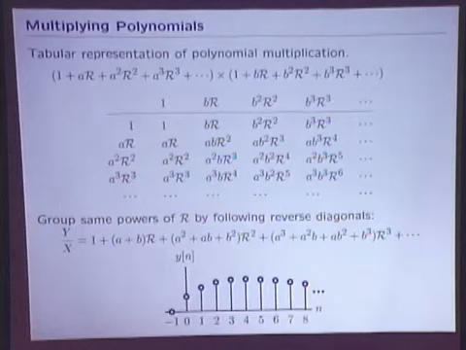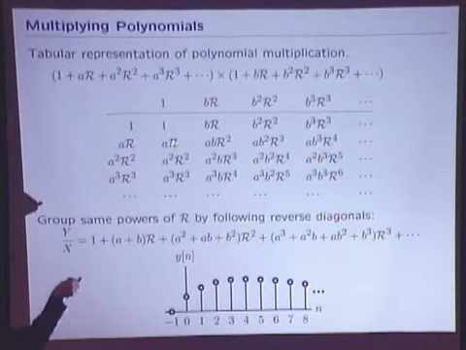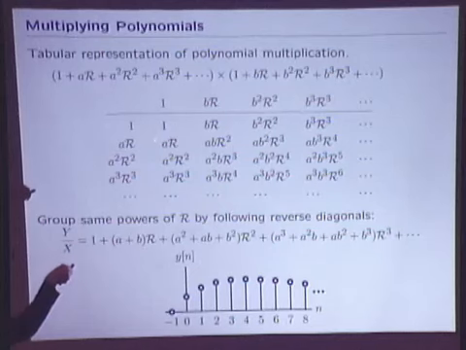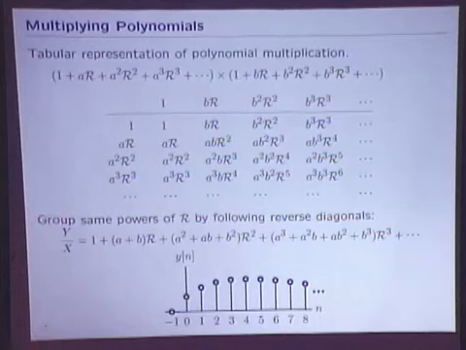And you can represent each of those distribution operations by a row in the table. And then you can see that the only entries with no R, with R to the 0, are along that diagonal. And then the R terms are here, the R squared terms, the R cubed terms, etc. And you can see how that would all sum to give you something that's not a geometric.